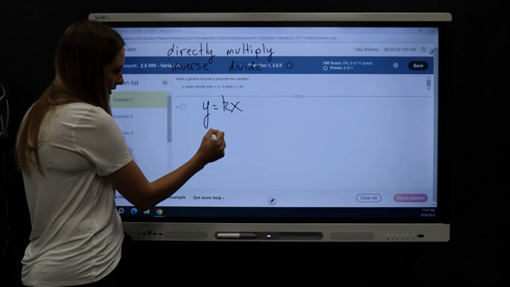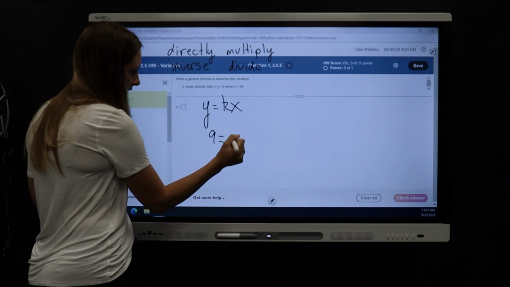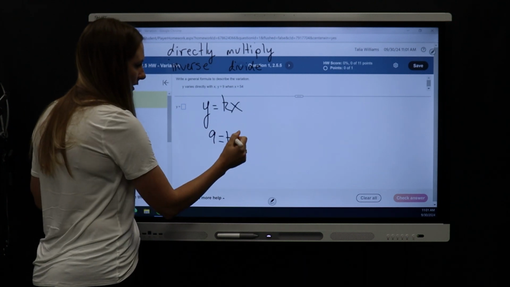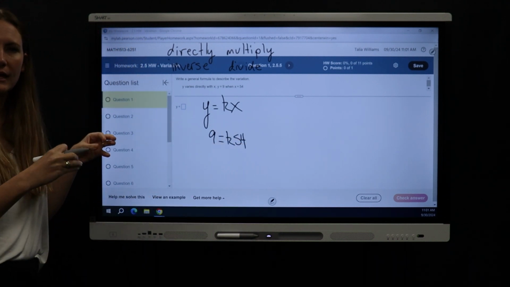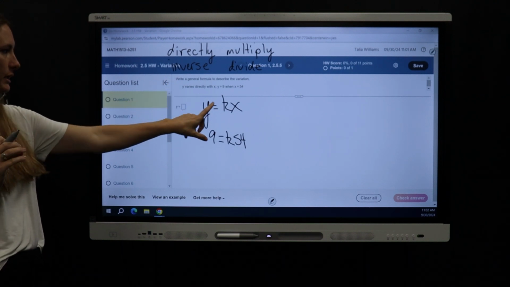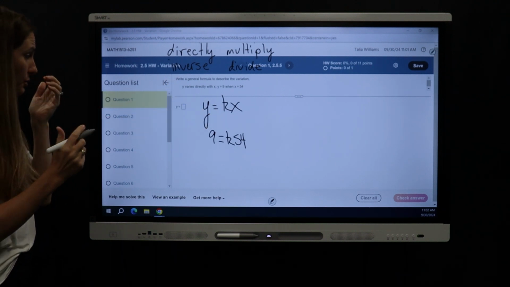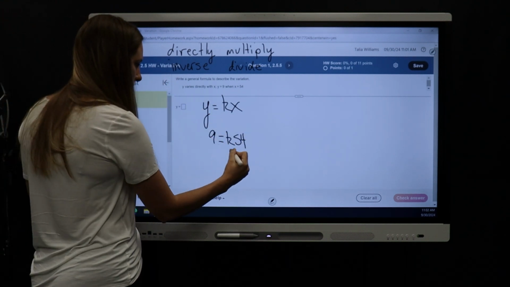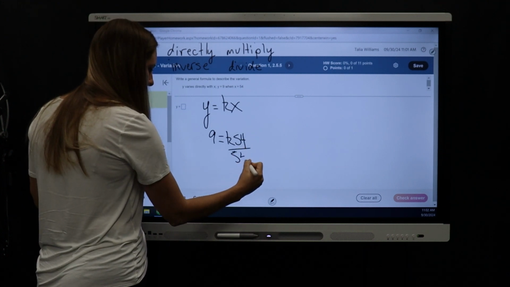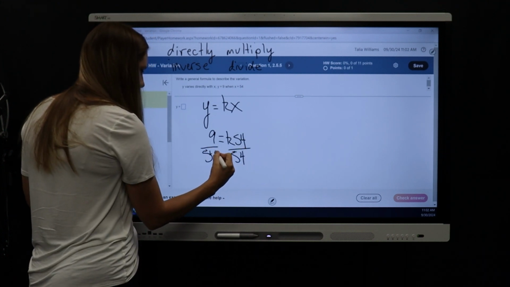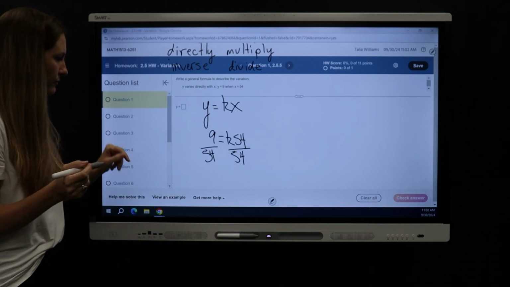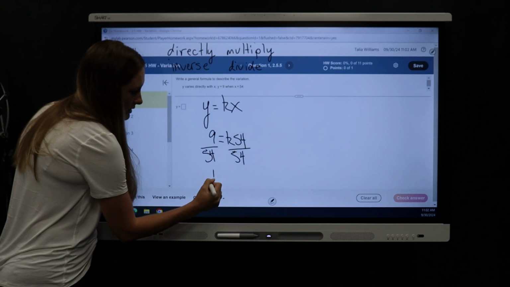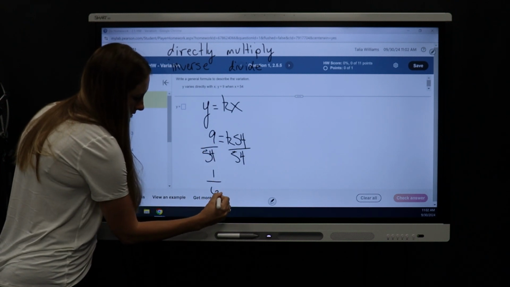So we have y equals 9, k is k, x is 54. And then you're always going to solve for k and then go back and put it into this equation. So 9, we're going to divide by 54 because we're getting k alone. 9 over 54 reduces because 9 goes into 9 one time, and 9 goes into 54 6 times.